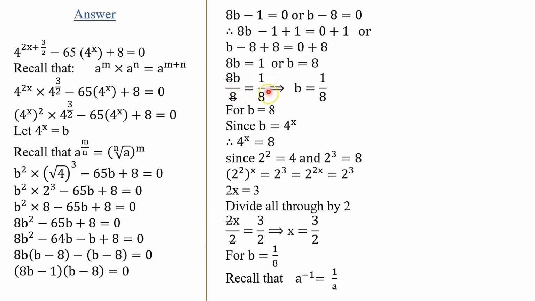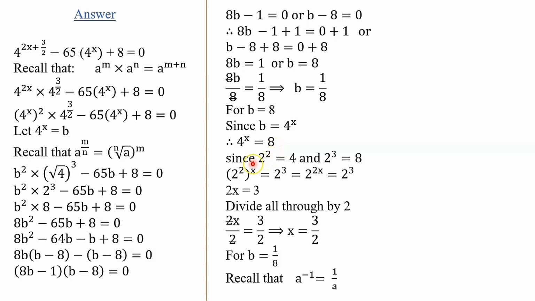Also, since 2 to the power of 2 is equal to 4 and 2 to the power of 3 is equal to 8, you're going to use 2 to the power of 2 to replace 4 here, and 2 to the power of 3 to replace 8. Therefore, 2 to the power of 2, all in brackets, to the power of x will be equal to 2 to the power of 3. Then x times 2, we're going to have 2x. So 2 to the power of 2x is equal to 2 to the power of 3.